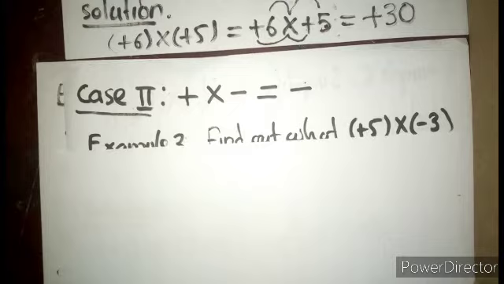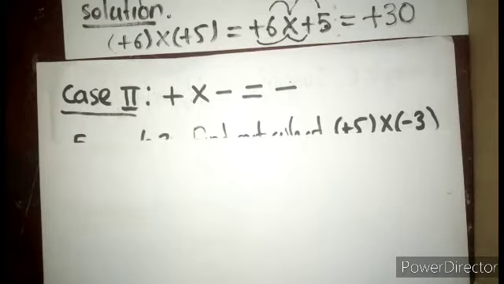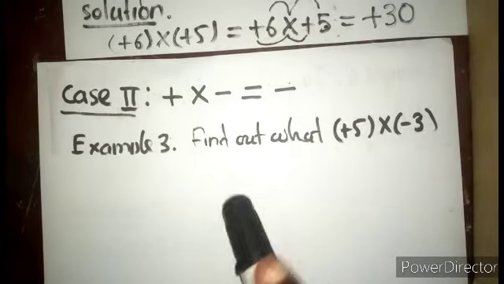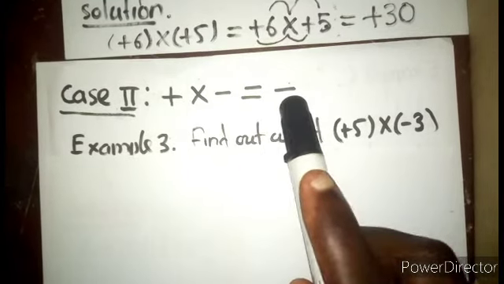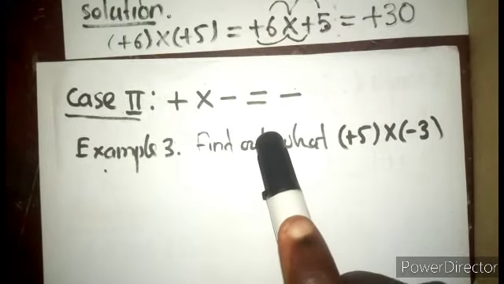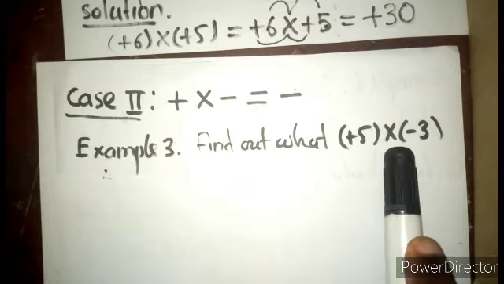Case 2. Now in case 2, we have positive times negative to be negative. Now we are going to find out what positive 5 times negative 3 is.